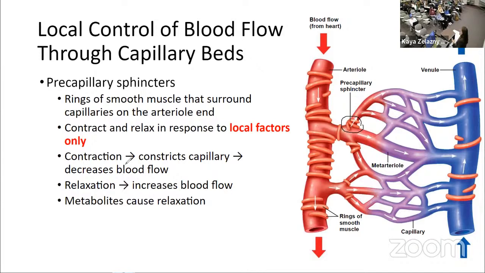That's because we'd want to get rid of excess carbon dioxide and metabolites, so we're trying to have more blood flow through that area. Fundamentally, this is just controlling when we want a lot of exchange to happen in this region and when we don't need much exchange. So it's similar to what we talked about with our arterioles.